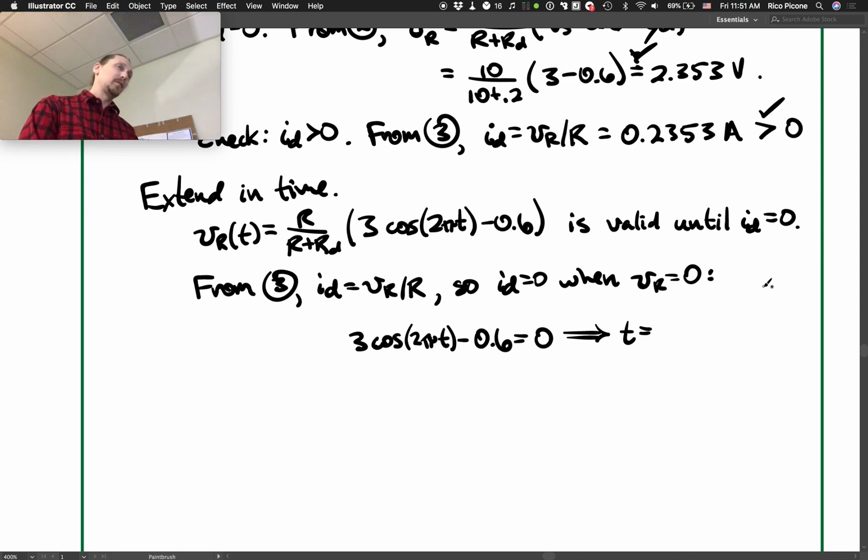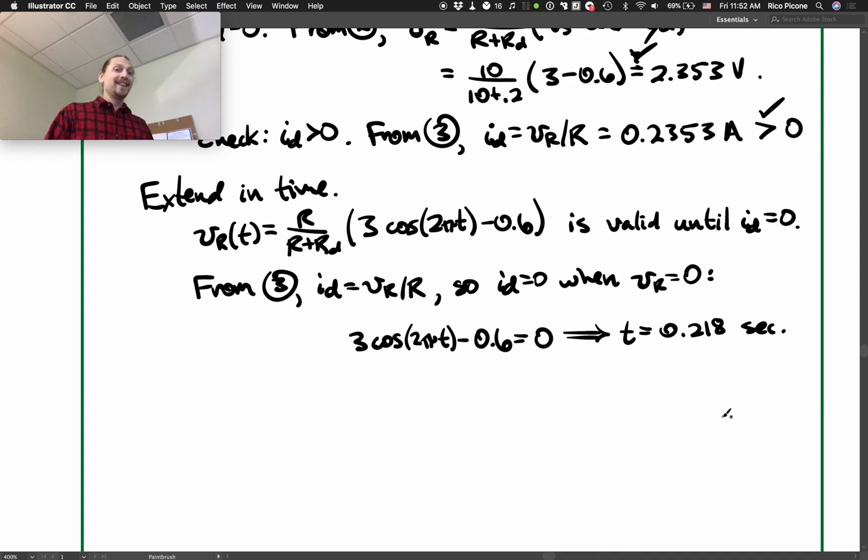You guys are falling behind. There it is, 0.218. 0.218 seconds. So that solution is valid from time equals 0 to time equals 0.218 seconds.